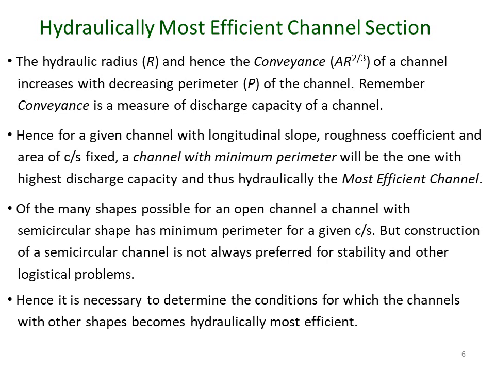And note one thing: of the many shapes that are possible for an open channel, the semicircular channel is an example of a channel for which the wetted perimeter becomes minimum for a given cross section. But semicircular channels are not preferred everywhere, for different reasons of stability and other logistical problems.